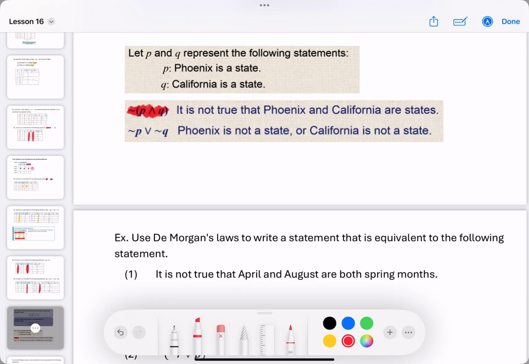I can also distribute the negation into the parentheses, and my and becomes or. So I can say Phoenix is not a state, or California is not a state.